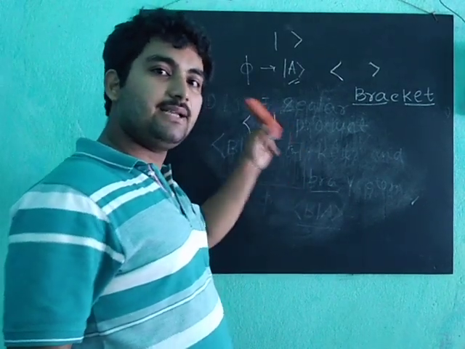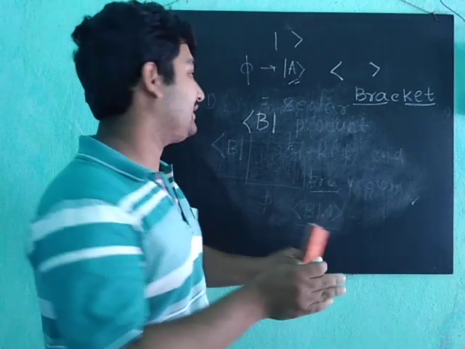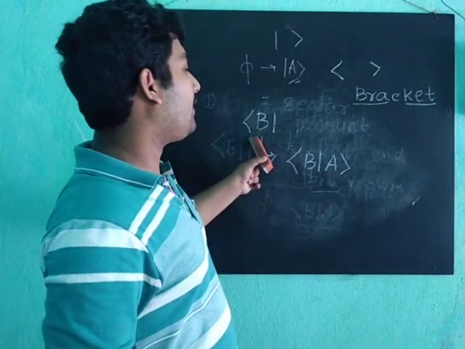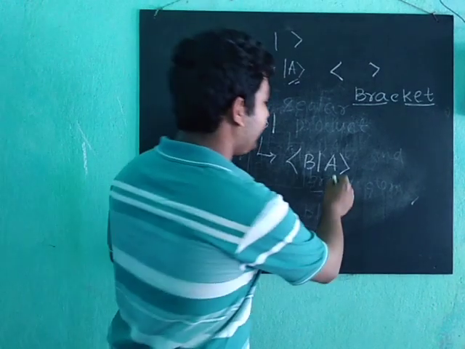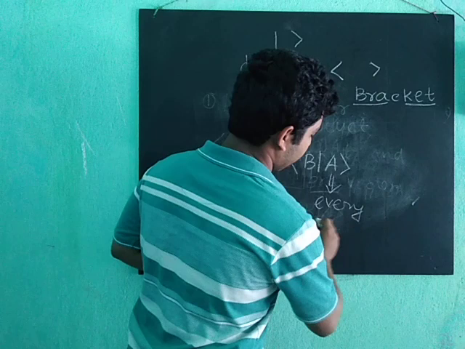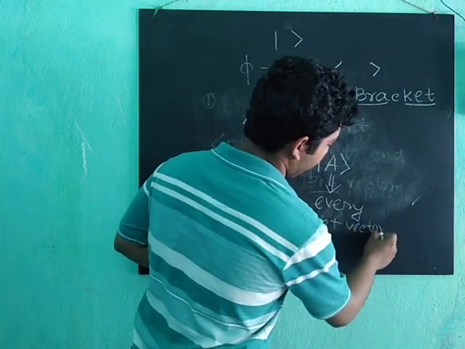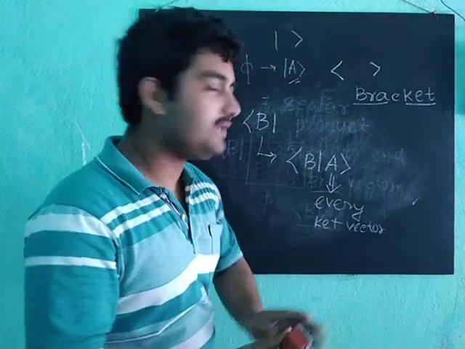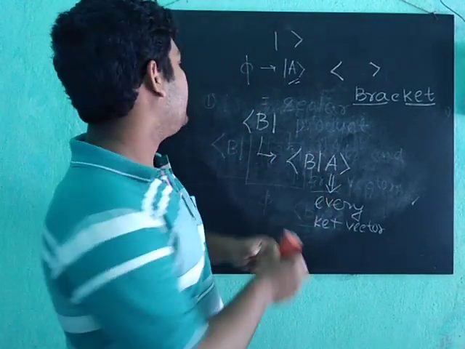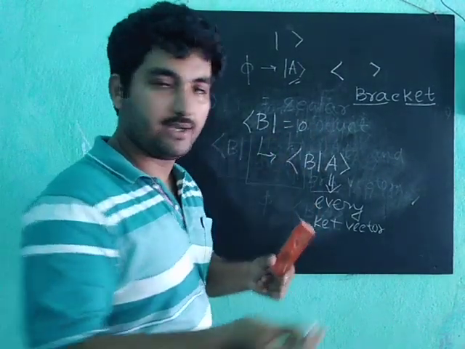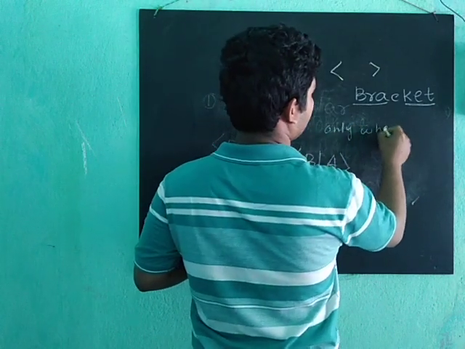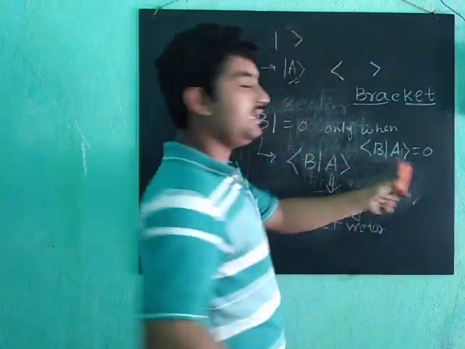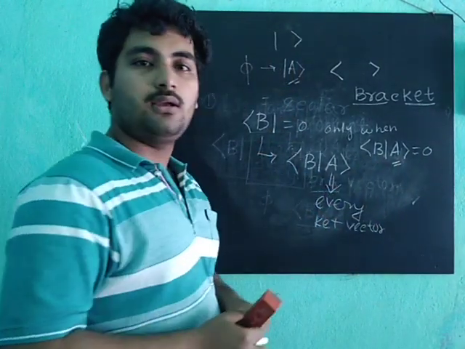This is defined only when we define all the possible scalar products, the scalar product of this bra vector with every ket vector. Now this bra vector is 0 only when this scalar product is 0 for every ket.